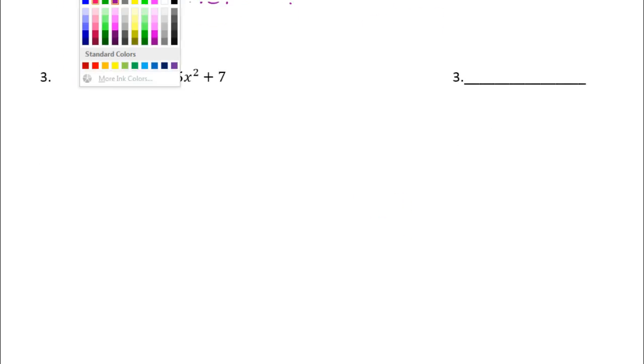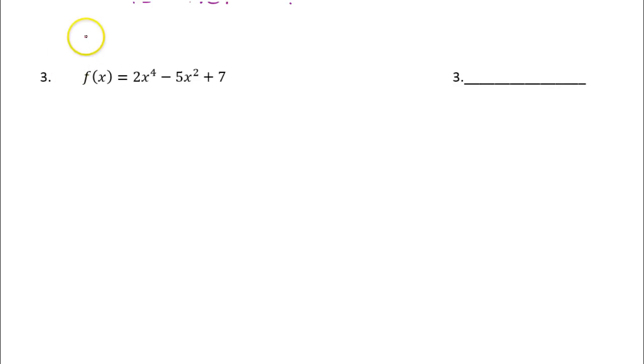All right, I'll probably do it a little faster this time. So first you do the negative function by doing negative f of x, and so that's negative 2x to the fourth power plus 5x squared minus 7. Hey, wait, I just remembered.